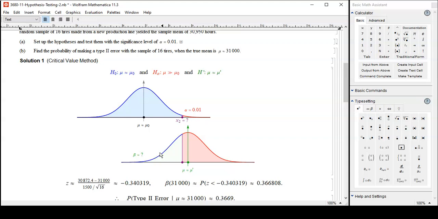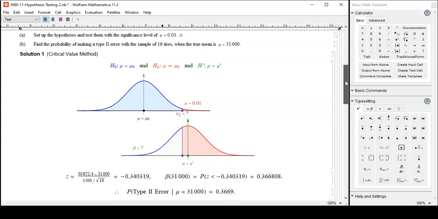So, how do you get this area? Well, the picture is there and computation is simple. X-bar minus center over SE. So, critical value 30,872.4 minus 31,000 over standard deviation over square root of n is equal to, well, nearly 0.34 something.